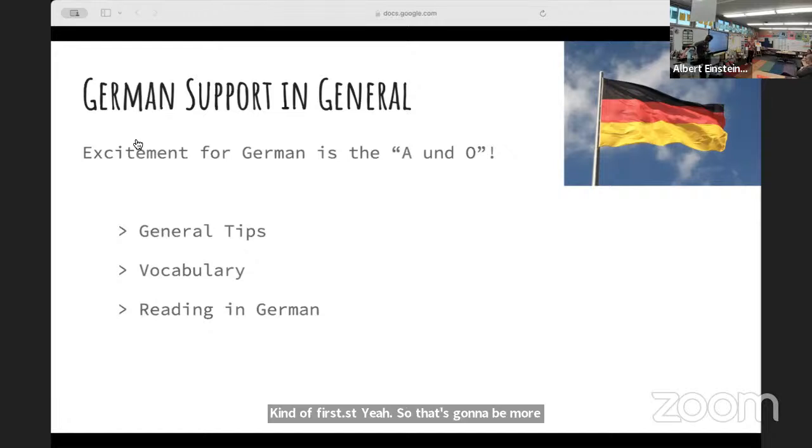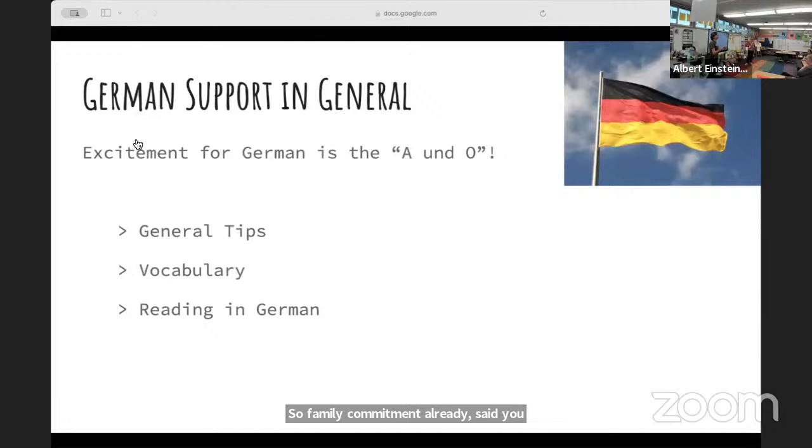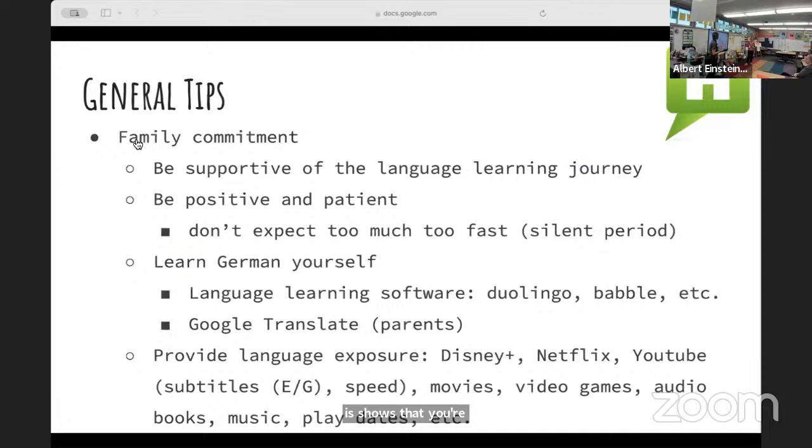So family commitment, as Charles already said, you being here shows that you're interested and shows that you're invested. And this is the most we can ask from families, that they understand it is difficult to learn German, but it's such a big benefit for the children. And you are all doing this together as a family.